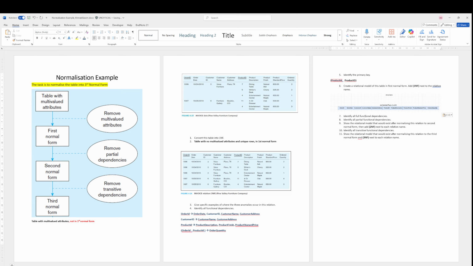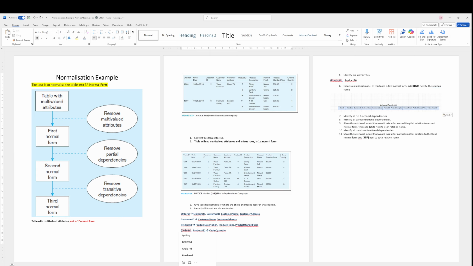So now I need to identify full functional dependency. So how to identify full functional dependency? Full functional dependency is, you got here, this one here, the order quantity. So this one is fully functional on two primary keys.